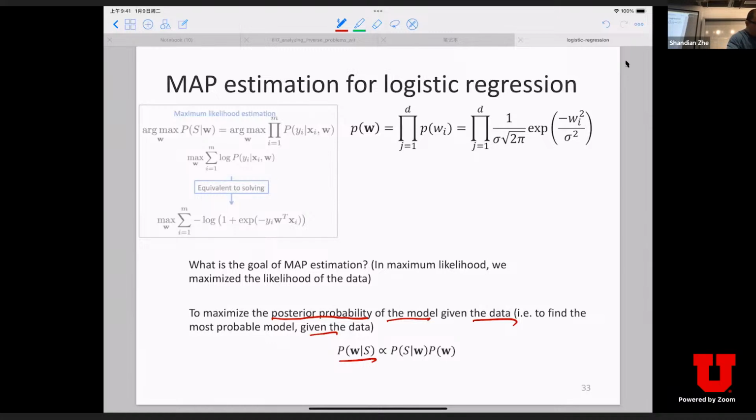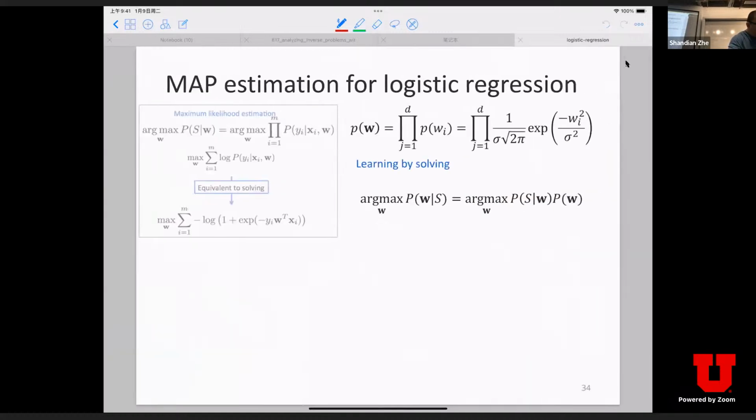This posterior is proportional to the prior of W times the likelihood of the data S given W. So to find the most probable model, we maximize this posterior probability, which is equivalent to maximizing the product between the prior and the likelihood. Now let's plug the prior and the likelihood term into this product.